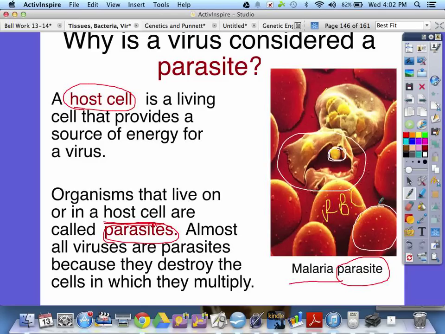That's because the virus will actually attach to the cell, inject its DNA in, make a bunch of these little particles that you see everywhere, all these little viral particles, and then it'll burst out and go to other cells and do the same thing. So almost all viruses are parasites because they will actually go in and destroy the cells in which they multiply. So whatever cell that they multiply in, they destroy it fully.